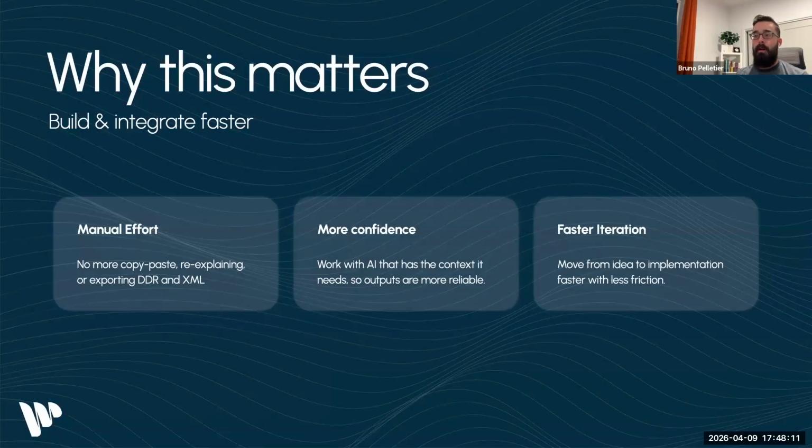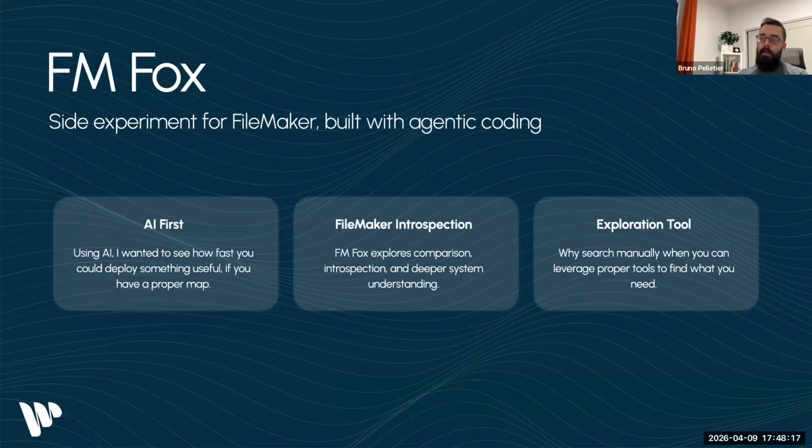Most of you probably use AI already for other work, or even probably for FileMaker. And that brings me to another tool that I'm gonna show after going through Genie in more detail, which is how crazy it can get, what you can build without ever touching a single line of anything.